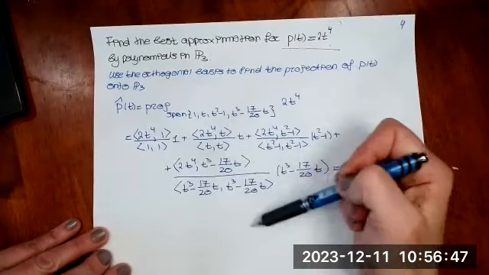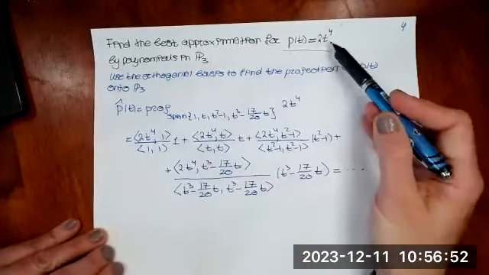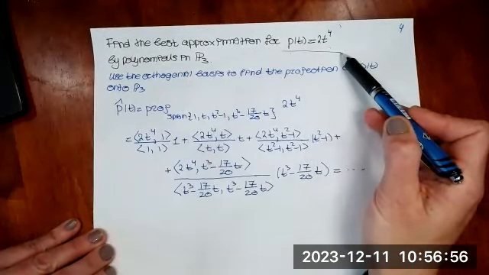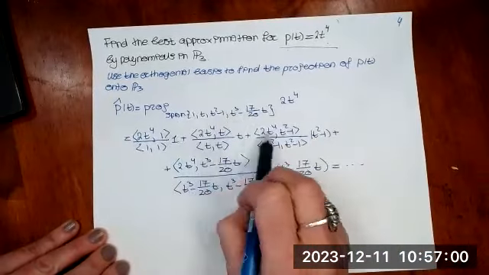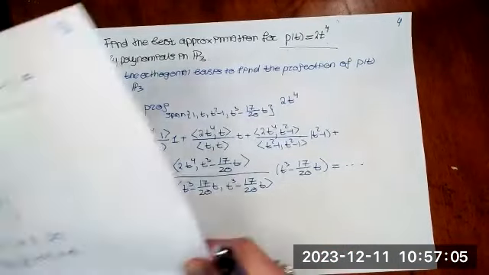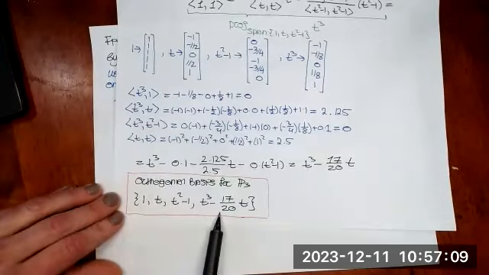And we can use our projections here. All I'm going to do is take this polynomial of degree 4 and project it onto polynomials of degree 3 by taking the projection onto each of my orthogonal basis vectors for P3.